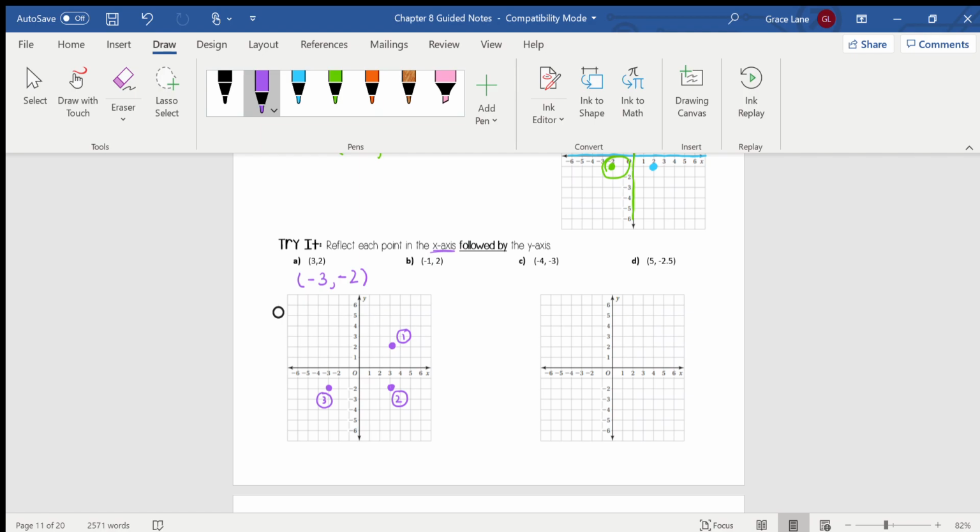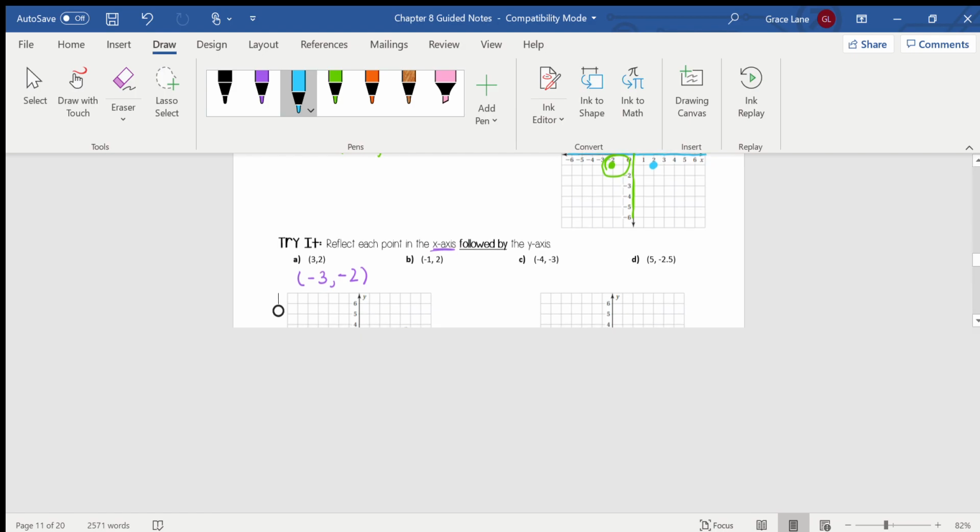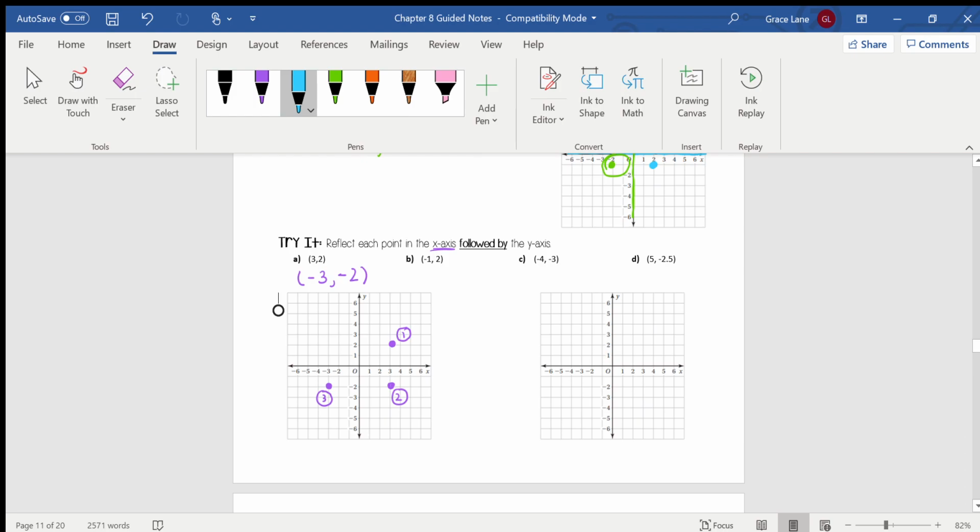Now I'm going to do the same thing for letter B. The first one, -1, comma 2, would be here. And then first on the x-axis, so I'm going down now. So this was the first point.